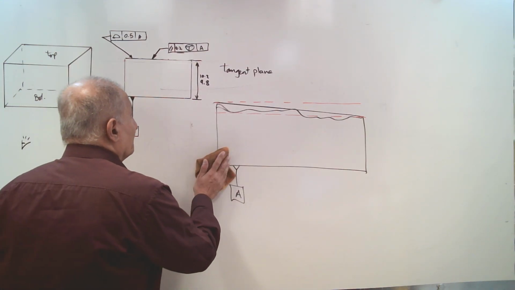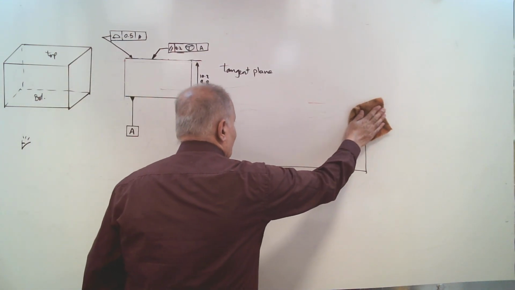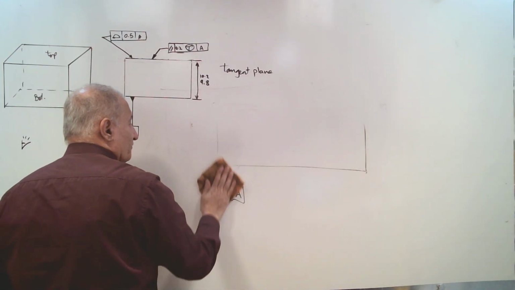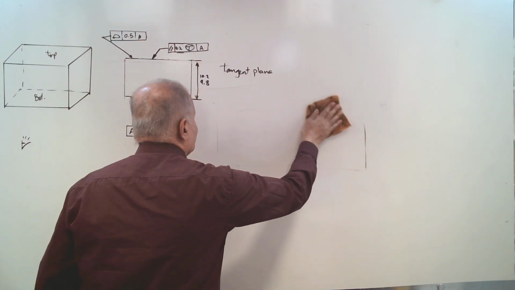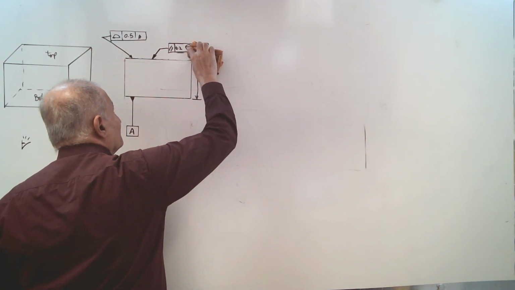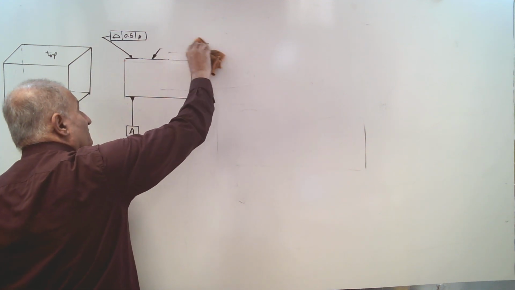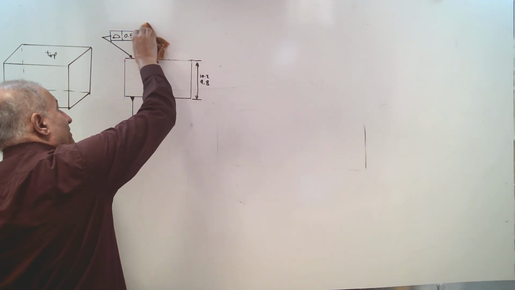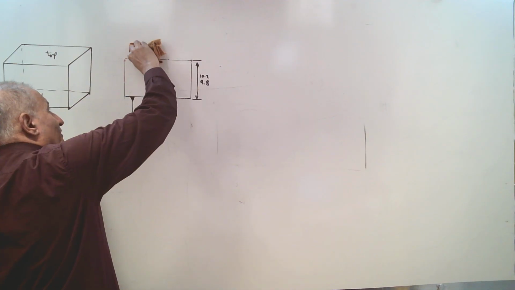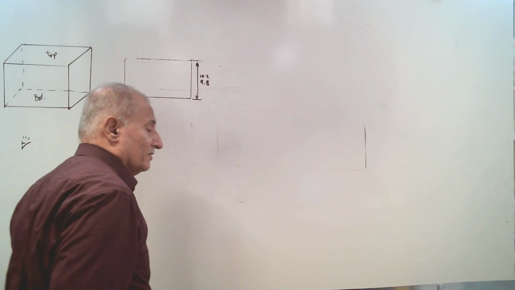Let's consider feature of size. See what happens. For feature of size, we have two features of size here that do not need these tolerances that apply to a feature.